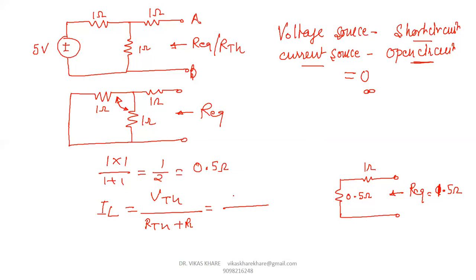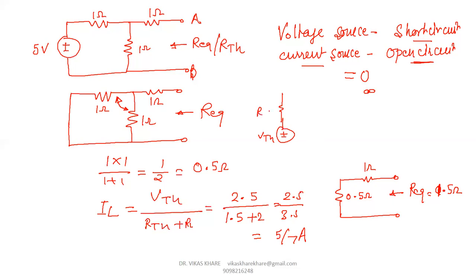So now the value of VTH is equal to 2.5, the value of RTH is equal to 1.5, and the value of RL is already given as 2 ohms. So 2.5 divided by 3.5, so the value of load current is 5/7 ampere.